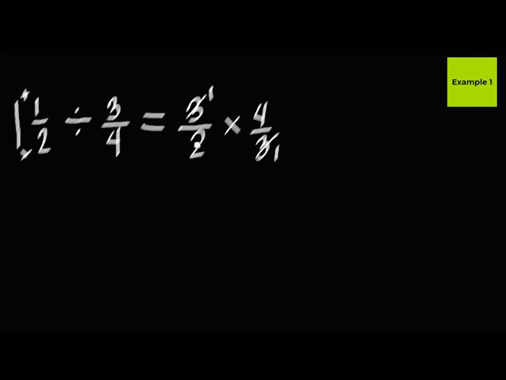We can also pair out 4 and 2 because they have a common factor of 2. 2 divided by 2 equals 1, and 4 divided by 2 equals 2. Multiplying the remaining numbers, we have 1 times 2 equals 2, and 1 times 1 equals 1, or 2.